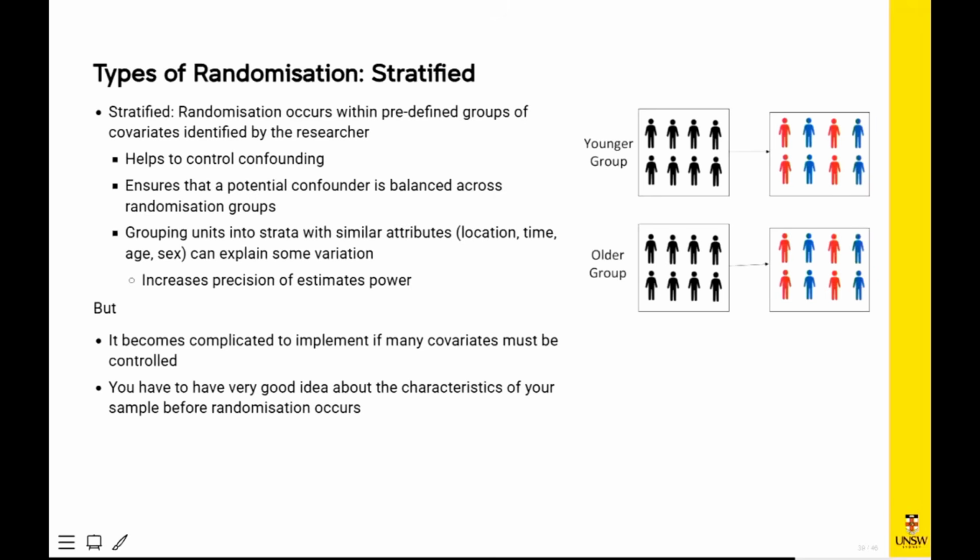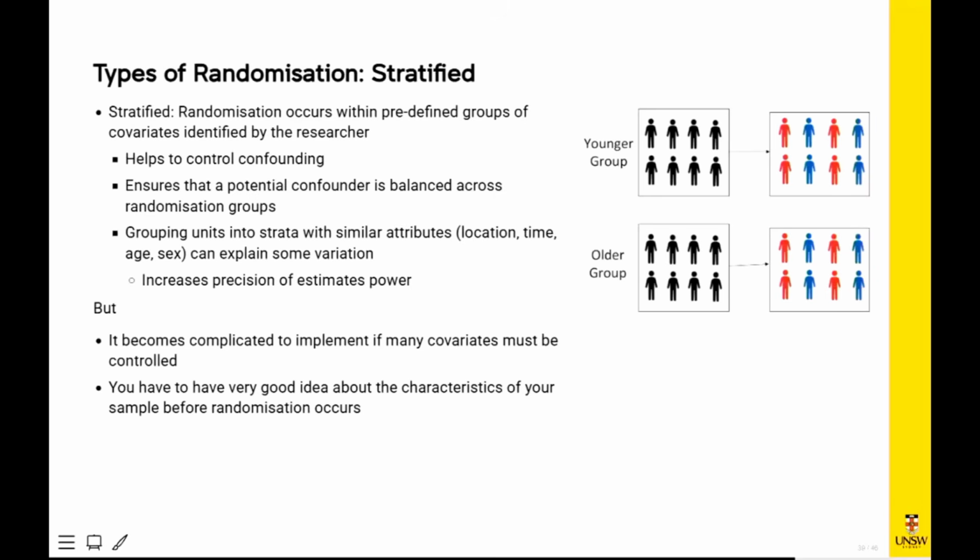It can be relatively easy if you've got only a few groups that you really want to stratify on. Once you go, okay, we need age, we need sex, we need level of education, and so we're going to stratify on these things, you have to do all combinations of all of those. And that's a lot of strata to populate, basically.